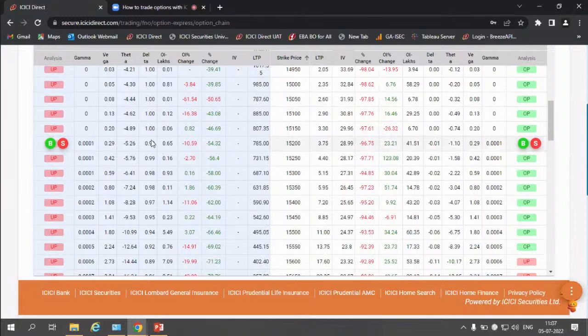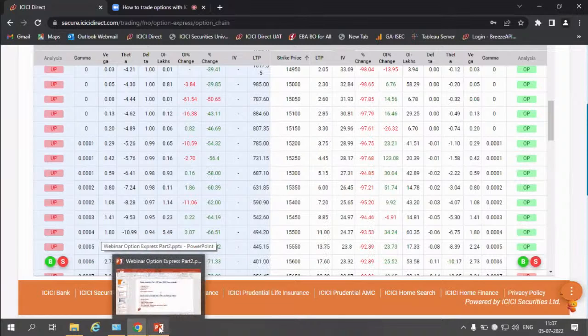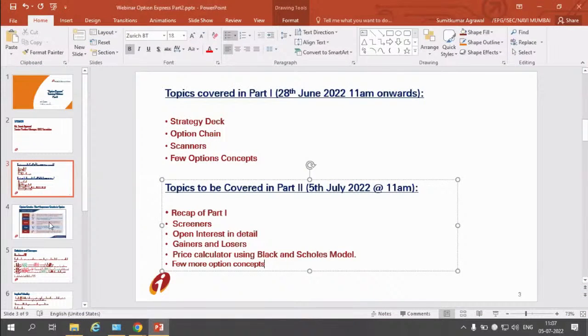This information is quite important for the options trader, because the Greek values are taken into account in order to compute the option price basically.